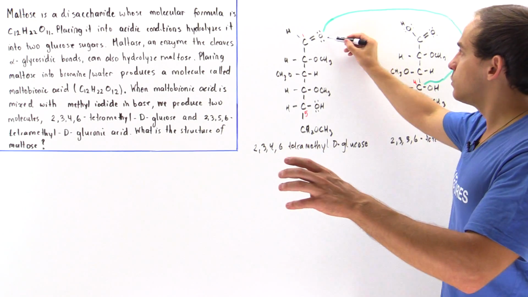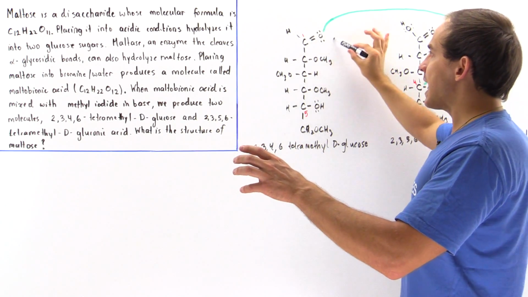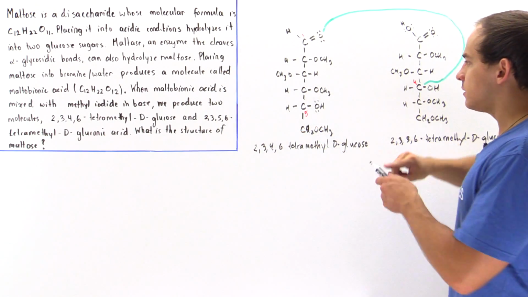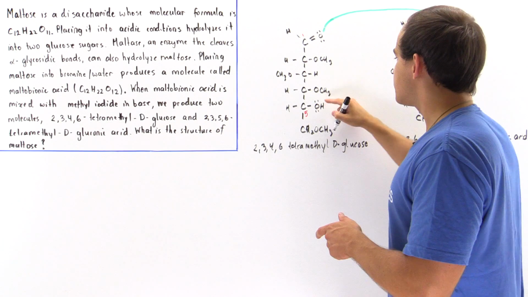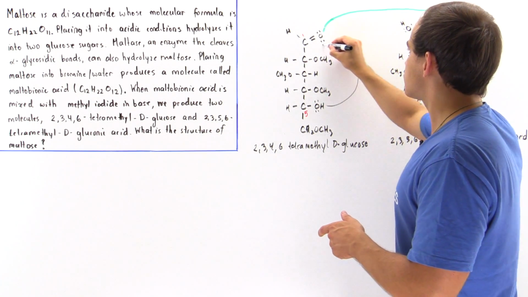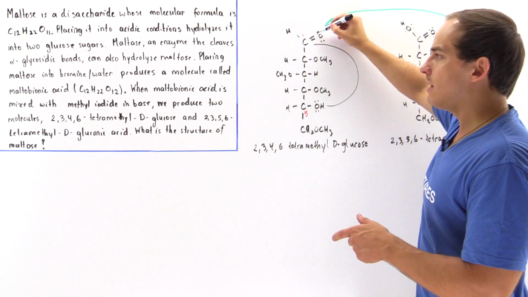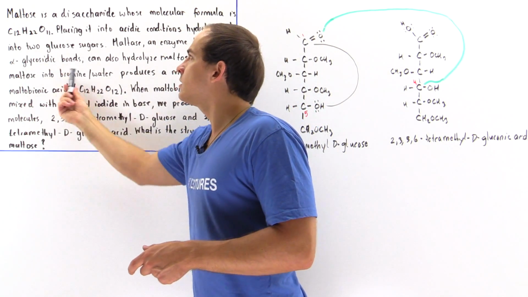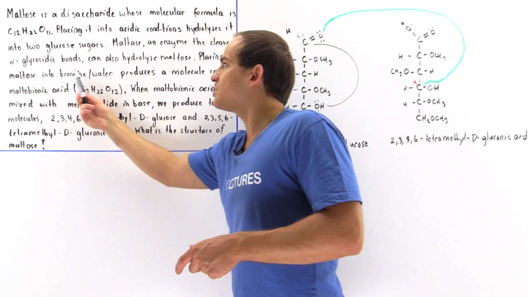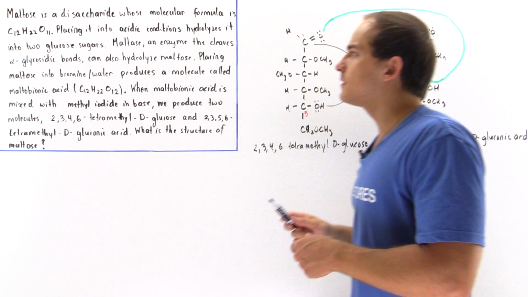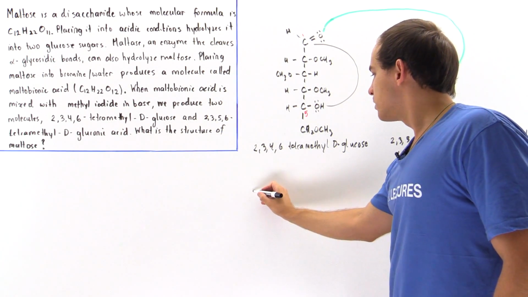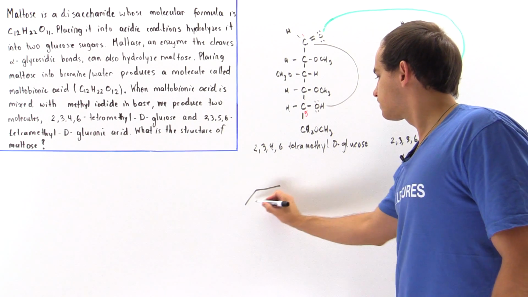Oh, and by the way, we also know that this has to be oriented in the alpha position when the cyclic ring is formed. So when the cyclic ring is formed like so, this should point in the alpha direction because we know that maltase cleaves maltose, and maltase only cleaves alpha glycosidic bonds. So the structure of the molecule looks something like this.